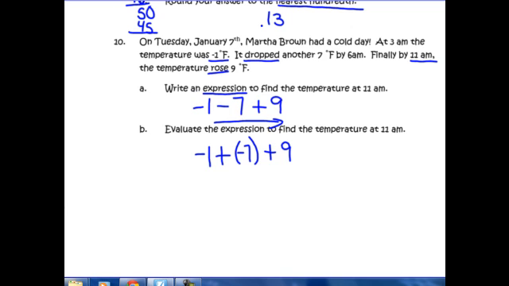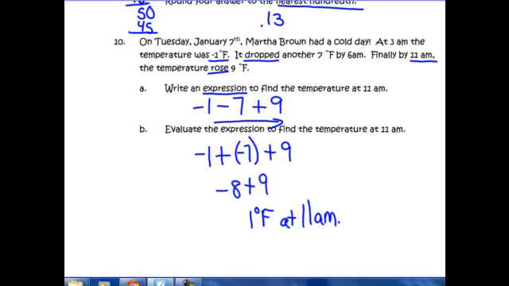So now I have -1 plus -7, same signs, add, keep the sign, 1 and 7 makes 8, keep -8 plus 9. Now I have different signs, so I'm going to subtract them. 9 take away 8 gives me 1. So my temperature, which was at -8 by 6 a.m., then rose 9 degrees by 11 a.m. If it was at -8 and it rises 9 degrees, that would give me 1 degree Fahrenheit as my final answer at 11 a.m.